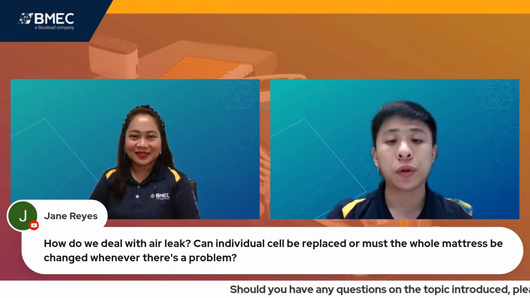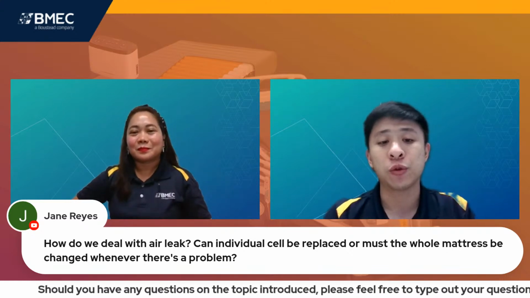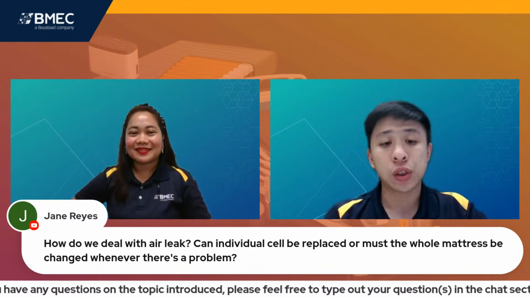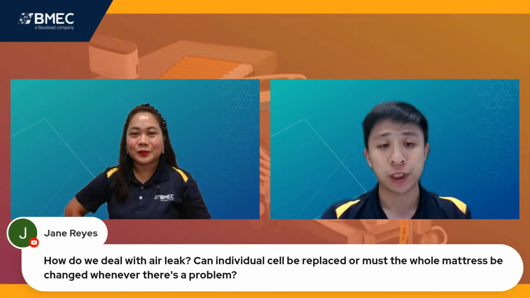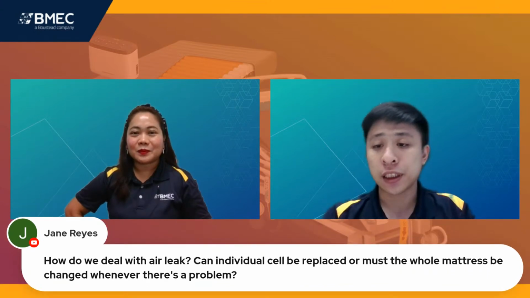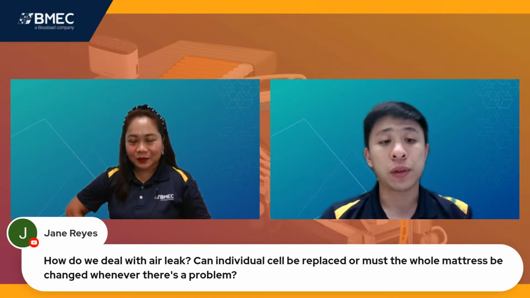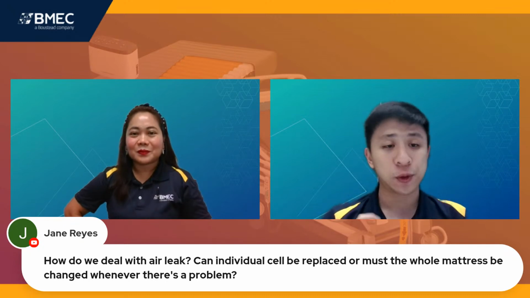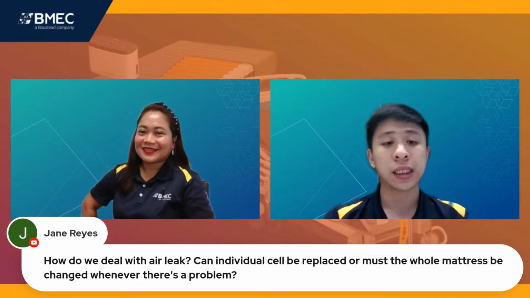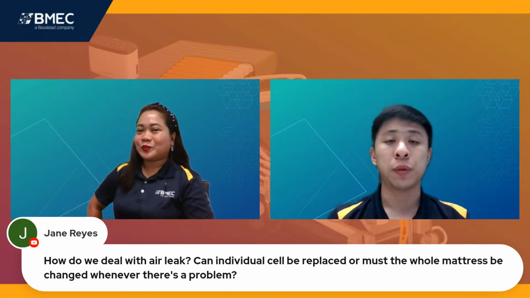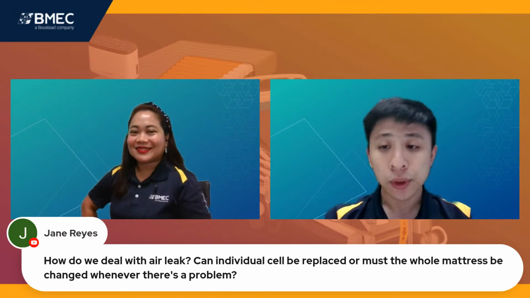To fix the issue, we open up the mattress and check which air cells are responsible for the leak. If we find just one air cell responsible, we just replace that individual air cell. It doesn't have to replace the whole mattress or a group of cells. Just the individual air cell will do.